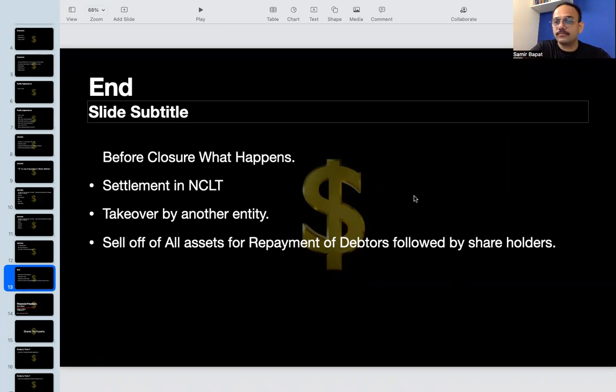If I would like to know what the current process is, how would I know, and whether I'll get some money back from those bankrupt companies? I think their process must be going on in NCLT. So you can go to the NCLT website and check क्या हो रहा है, उनका कौन सा केस चल रहा है.